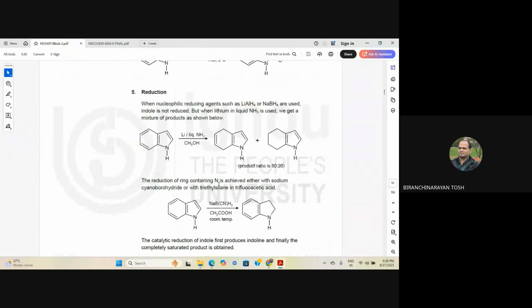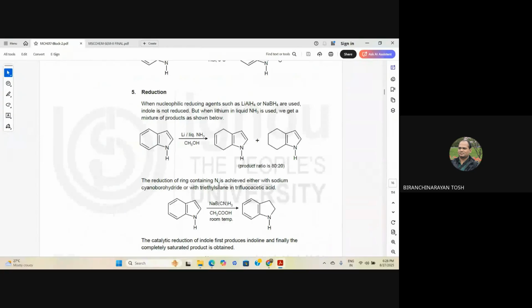So 3 substituted indoles can be oxidized to oxindoles using DMSO, dimethyl sulfoxide, and an acid, DMSO and HCl, 0 degree Celsius. Then it will be oxidized to oxindoles. That means here one ketone group will be added. So two conditions are there.